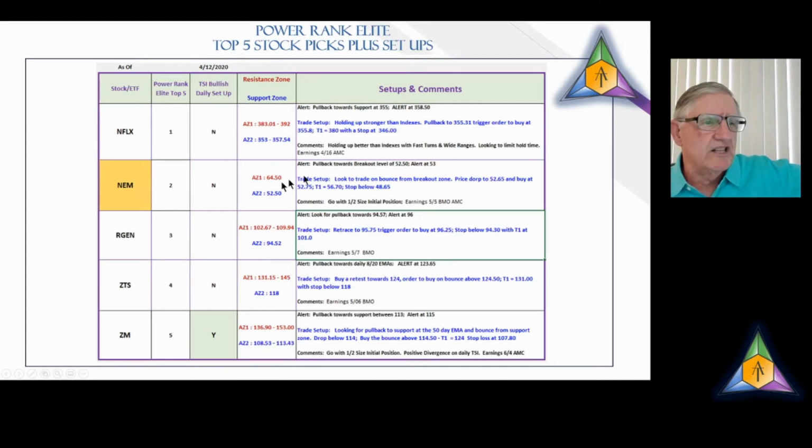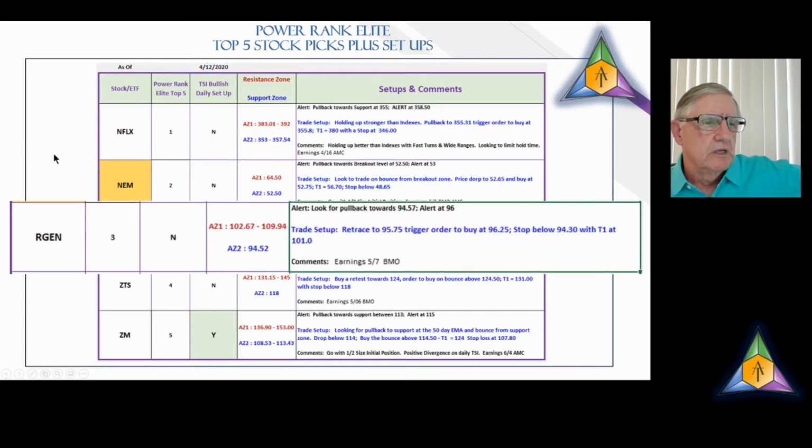Let me enlarge that for you so you can see it. What I highlight to folks is exactly what I'm expecting the stock to do. I've identified 1, the resistance area, and 2, the support area where we would anticipate a potential bounce.